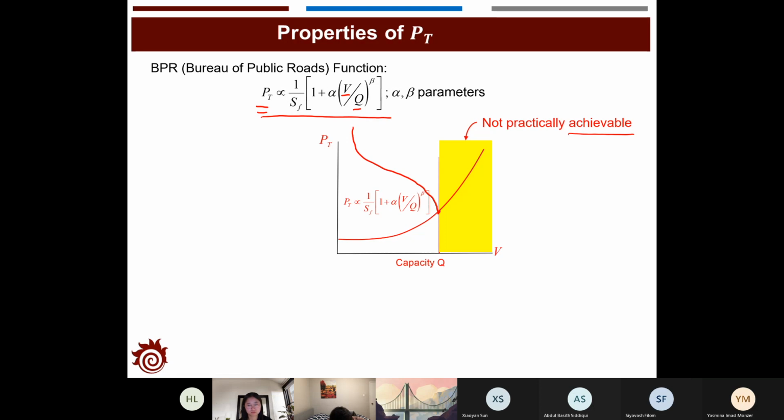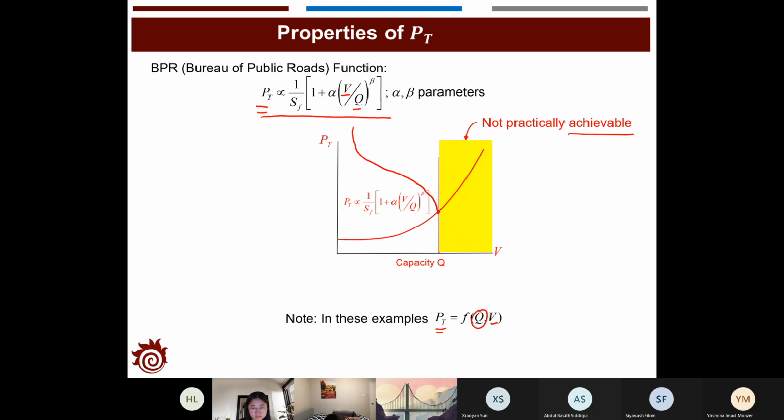So this is another example about the relationship between PT and the demand. Of course, you can see that in this equation, the cost is not only a function of the volume, it's also related to the capacity.